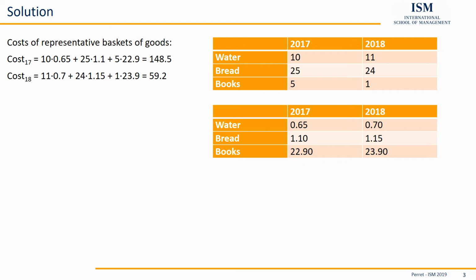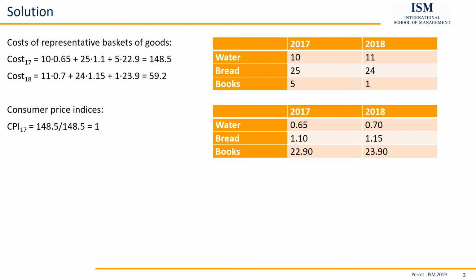And then what we're going to do is set one of these baskets equal to 1 and calculate the other in relation to it. So here the base year was 2017. So the consumer price index for 2017 is set equal to 1. In other words, we divide the cost of the representative basket of goods of 2017 by the cost of 2017, and this gives us 1 or 100%.